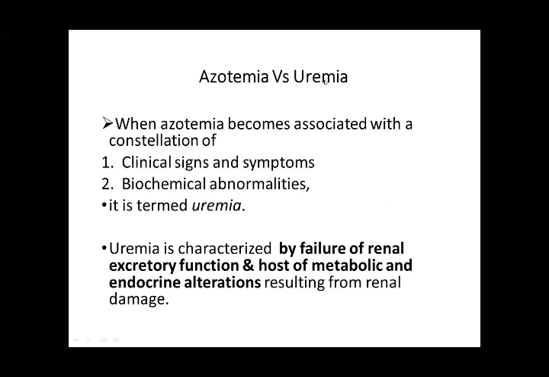Azotemia versus uremia. When azotemia becomes associated with a constellation of clinical signs and symptoms and biochemical abnormalities, it is uremia. Uremia is characterized by failure of renal excretory function and a host of metabolic and endocrine alterations resulting from renal damage.